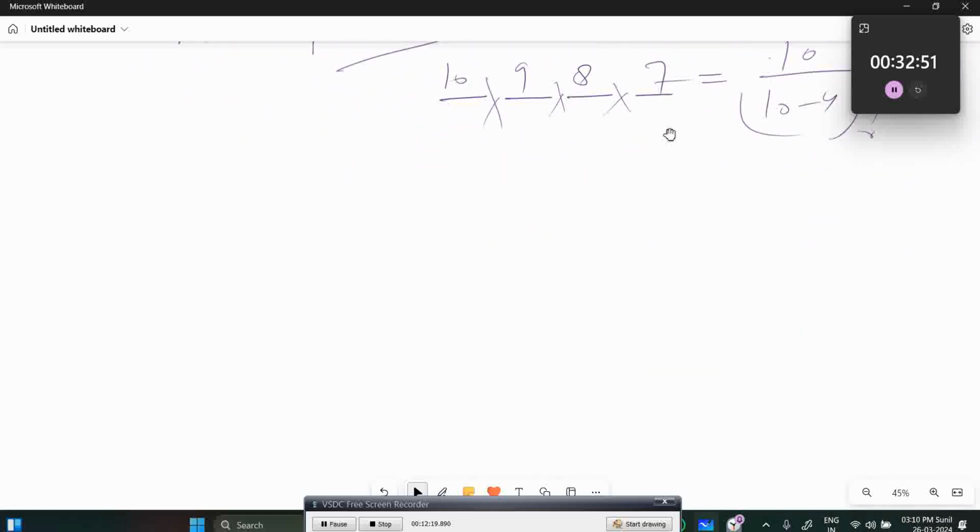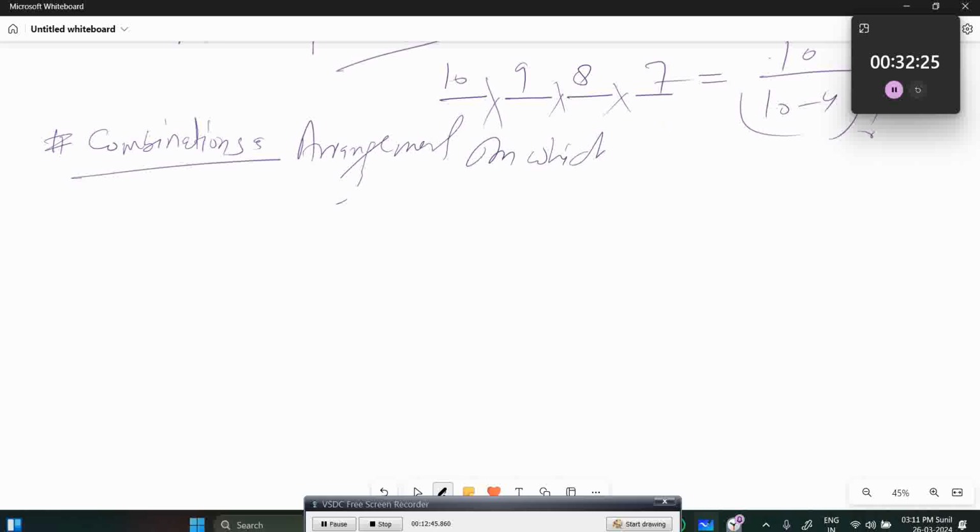The second topic is combination, an arrangement in which the order of sequence doesn't matter.